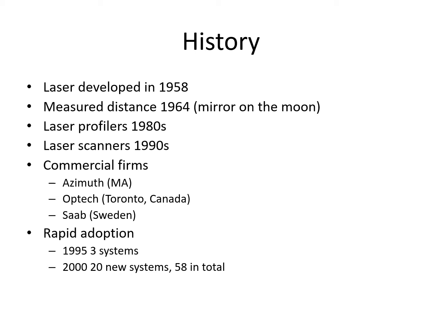And this led to a rapid adoption because it was so profound in terms of what it could do. By 1995, there were only 3 systems. You roll ahead 5 years to 2000, and there were 20 new systems that year alone. By that time, there were 58 different lidar systems in total that were available for folks to use, and I'm sure that number has only increased since then.